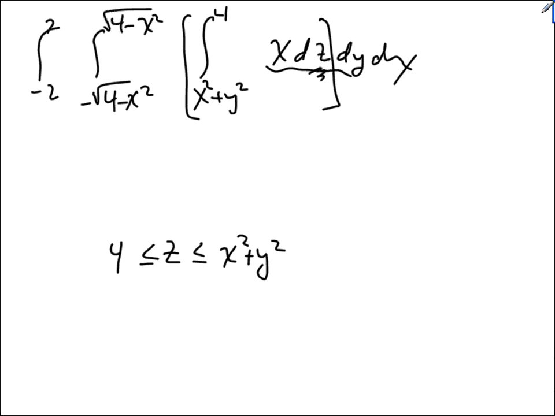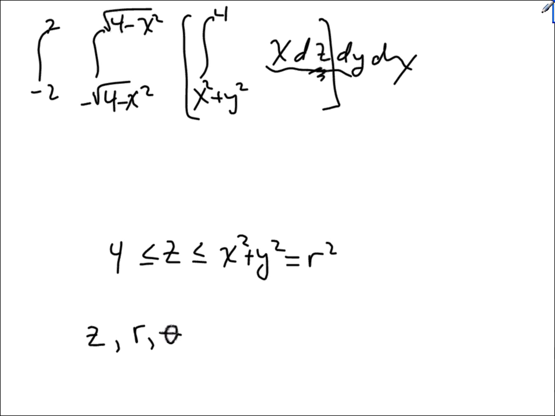Now, first we're going to go to cylindrical. In cylindrical, x squared plus y squared is r squared, and 4 is 4. In cylindrical, you get to have z's and r's and thetas.